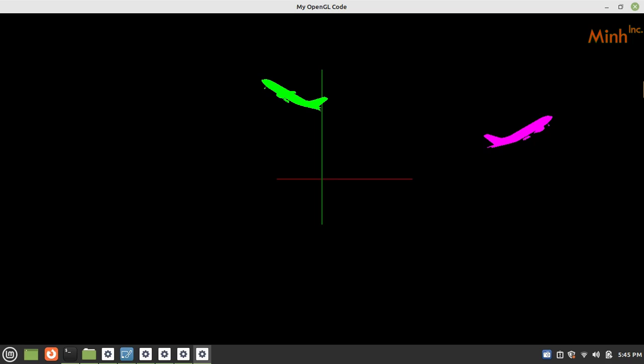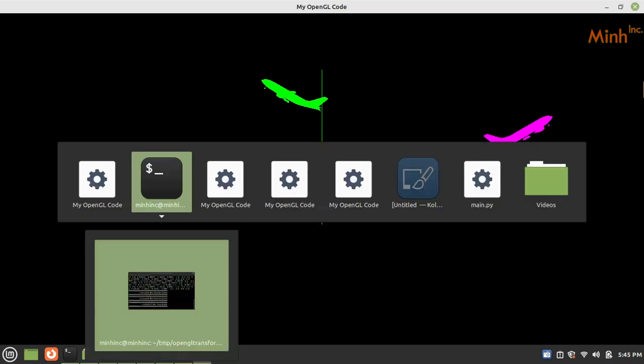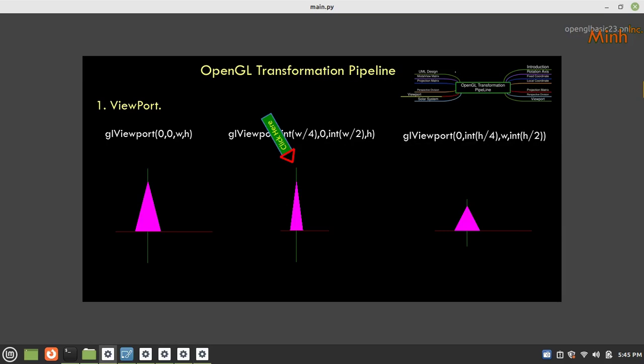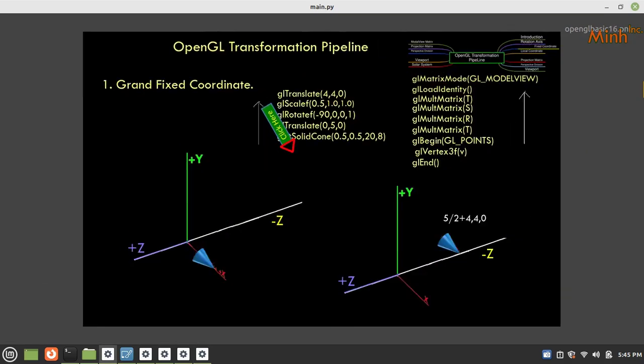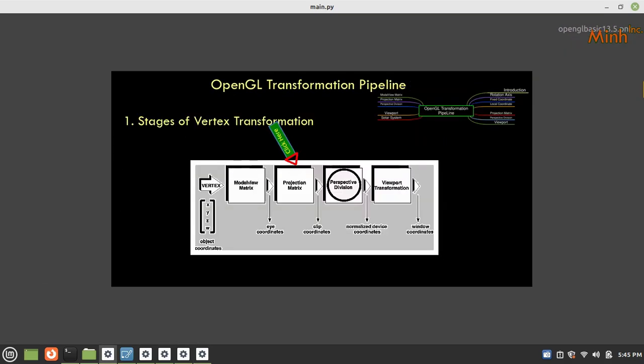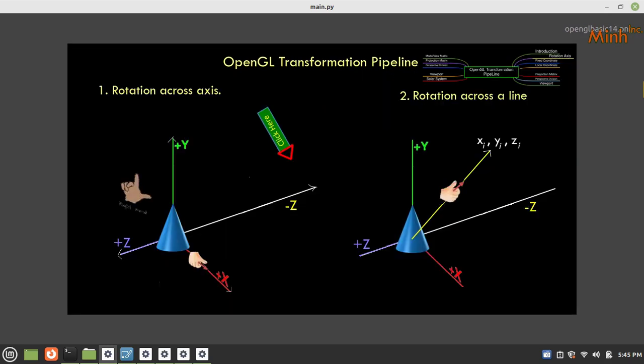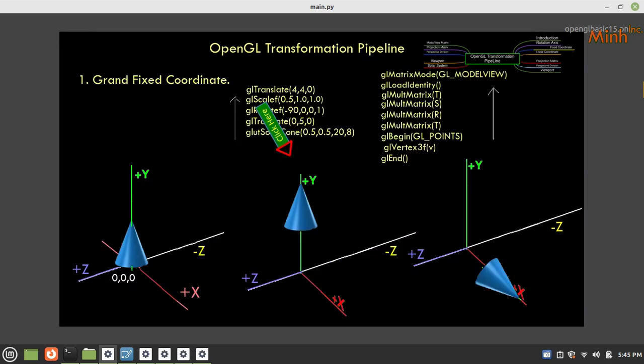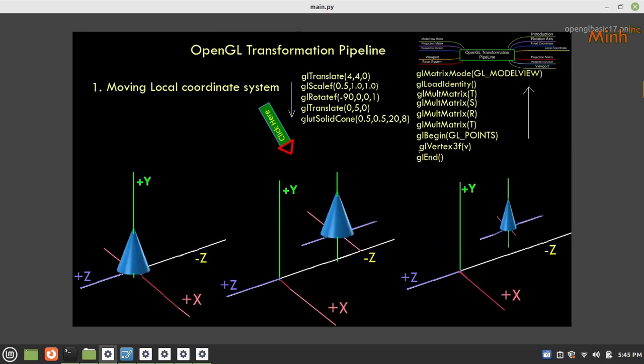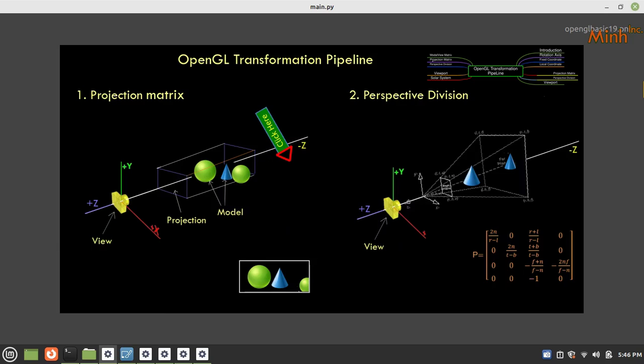So this is how we can have local coordinate movement. Okay, so we covered the pipeline and then rotation across a line, then global coordinate, fixed coordinate, moving local. This is what we showed now.